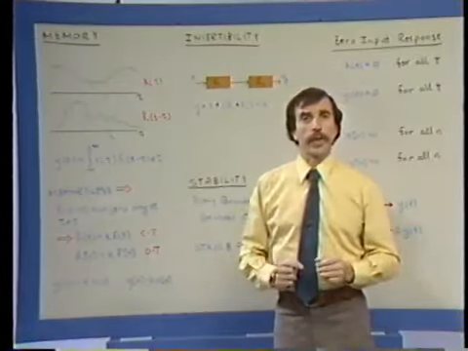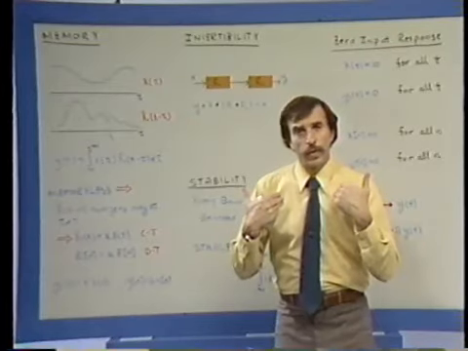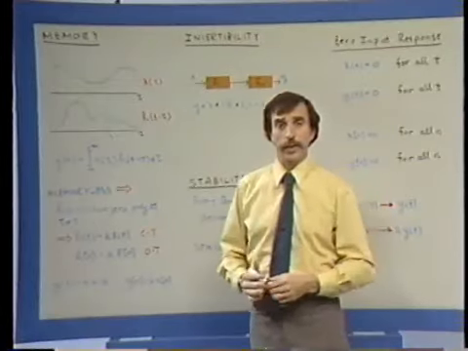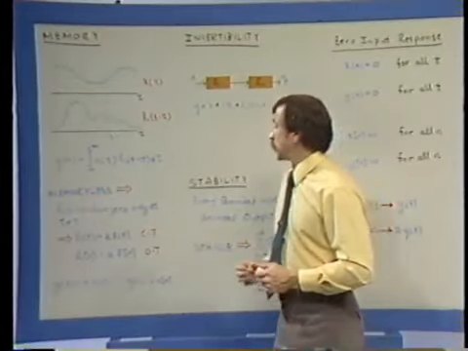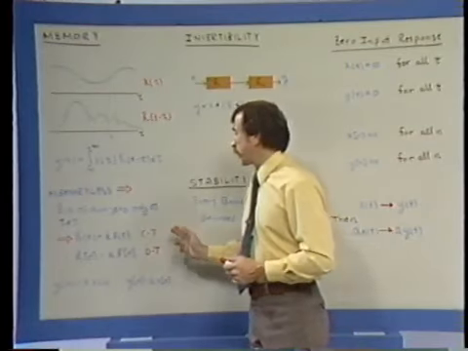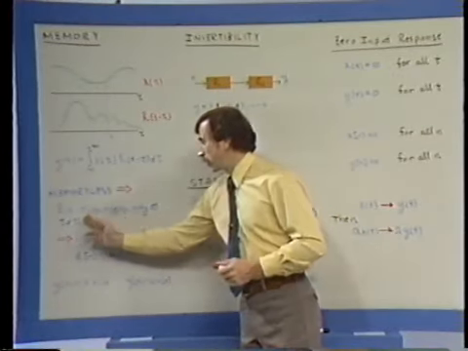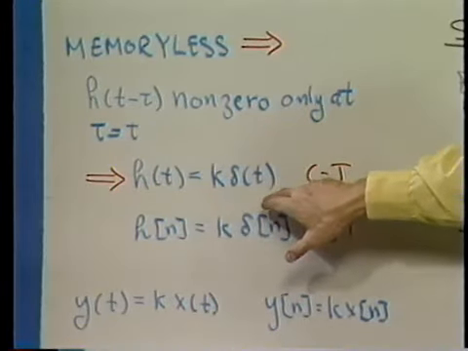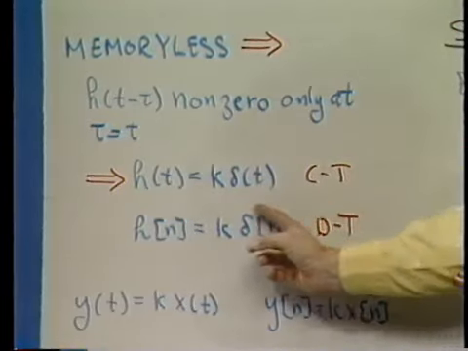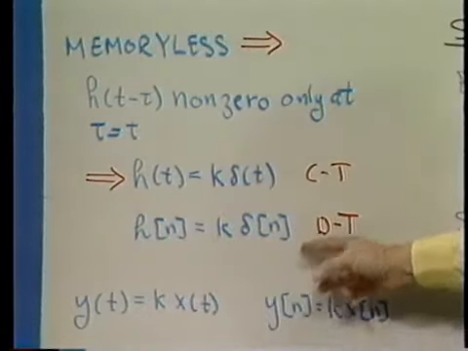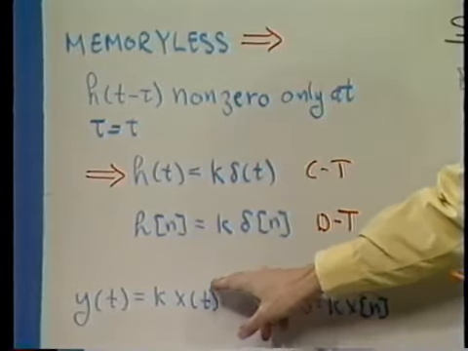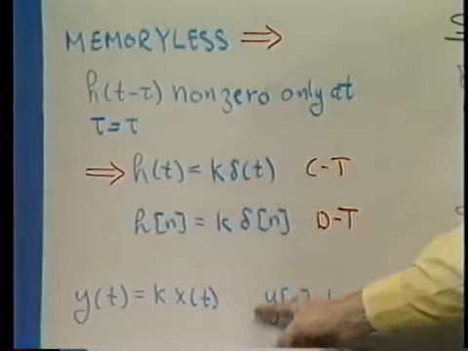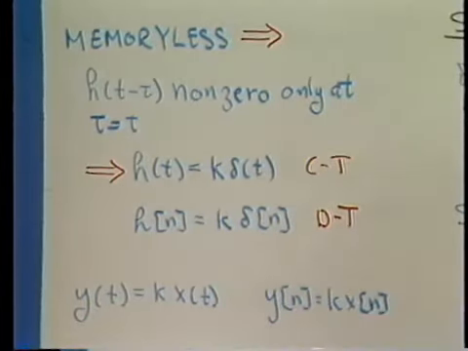Any other impulse response then, in essence, requires that the system have memory, or implies that the system have memory. So for the continuous time case, then, memoryless would correspond only to the impulse response being proportional to an impulse. And in the discrete time case, a similar statement, in which case the output is just proportional to the input, again, either in the continuous time or in the discrete time case.